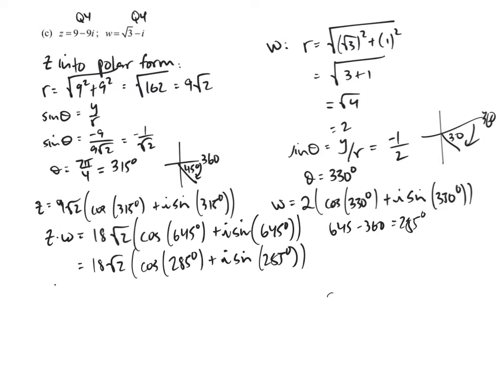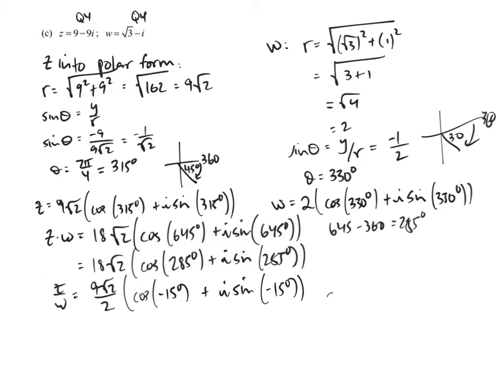Okay, so now when I do z divided by w, I'm going to take the r's and divide them, so that would be 9 square root of 2 over 2, and then cosine of, and then I'm going to subtract these angles, so 315 minus 330 is going to be negative 15 degrees, plus i times the sine of negative 15 degrees. But again, I don't want the angle to be negative.